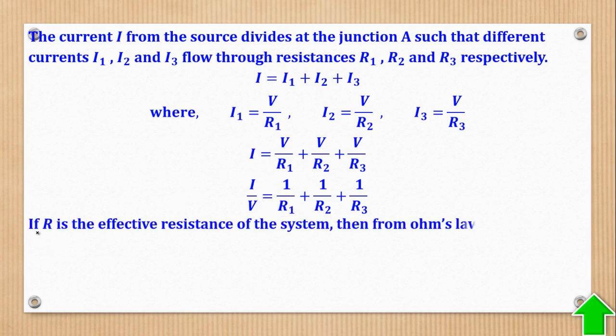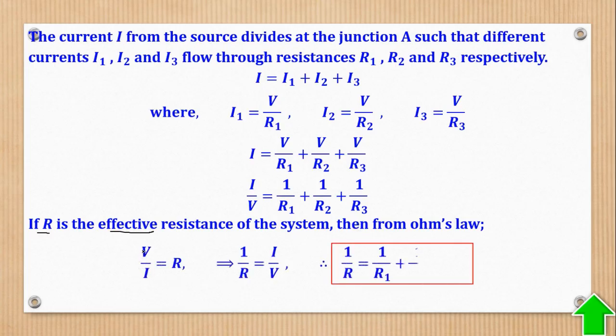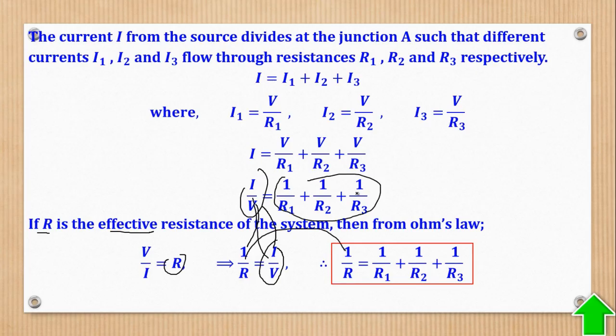Here I say that if R is the effective resistance, so effective means the total effective resistance of the system, it implies that from Ohm's law, V over I is equal to R. Therefore, I'll substitute this to come up with 1 over R. I know that 1 over R is equal to I over V, and I over V is this. Therefore, when I bring this here, I'll come up with 1 over R equal to this sum of the reciprocals.